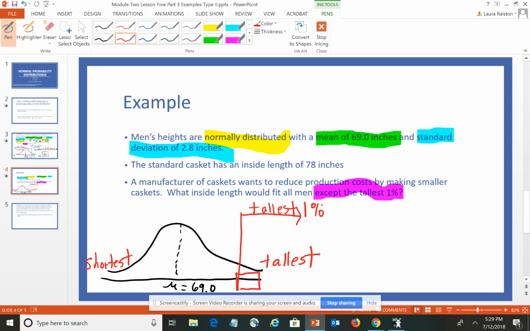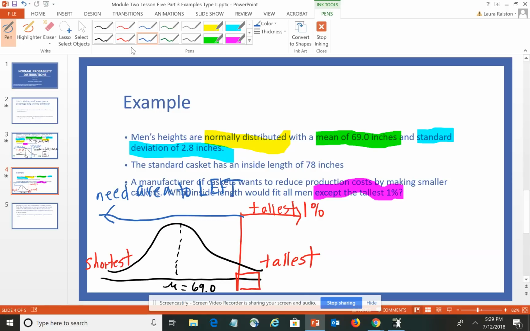Now, guys, be careful, though, because remember the command wants to know the area to the left. So I actually need this region, because I need the area to the left.